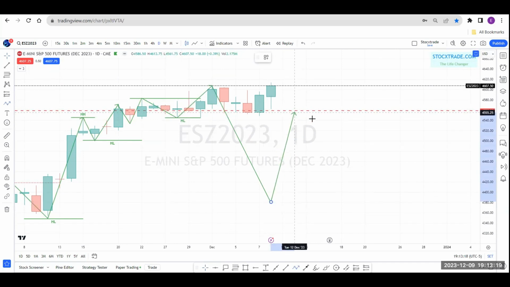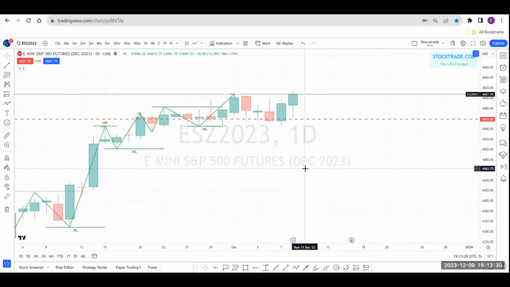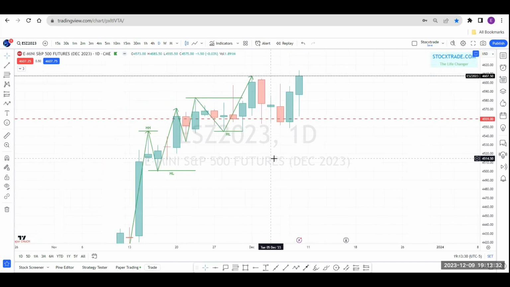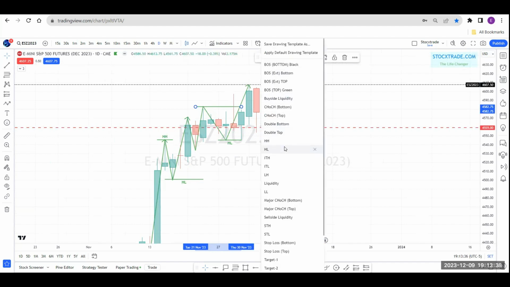And here at the retest, we will enter. We will not enter anywhere else. We will enter here, and then the market will go down, because we only take the entry at the retest. On the first attempt, we will not take the entry. So what is going on? This is your higher high.